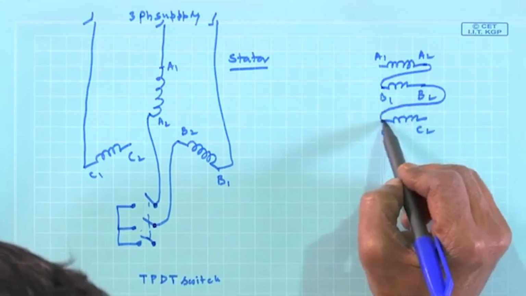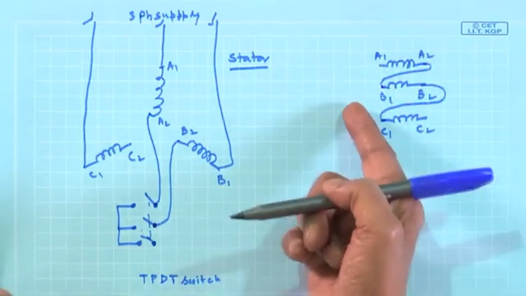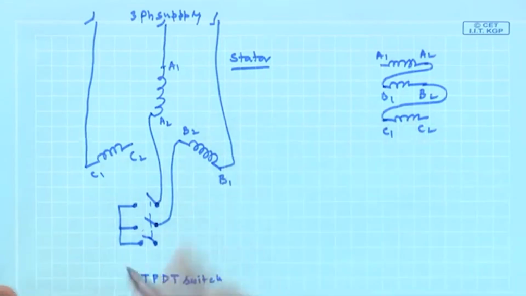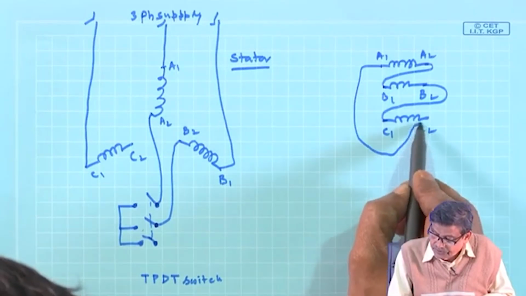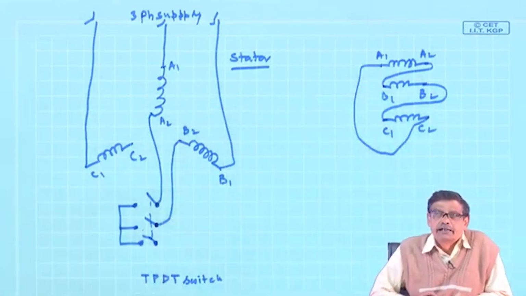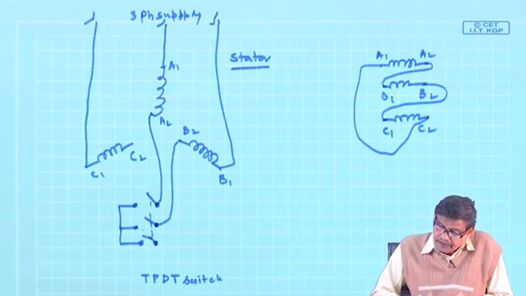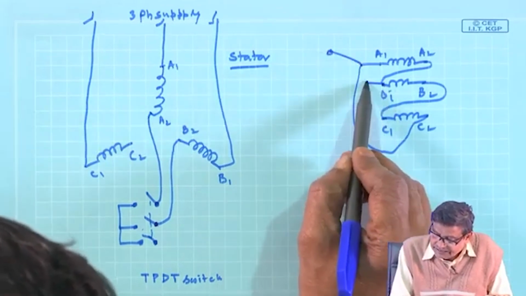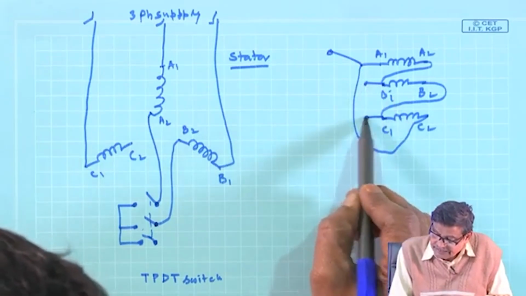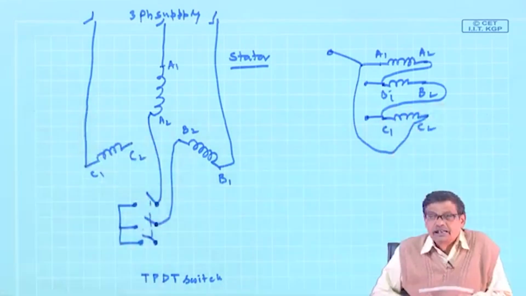While connecting them in series you should be careful: finish of A phase to start of B1 and so on, and these also are closed. Then it becomes delta connection, and from the junctions you take these 3 terminals. So it becomes delta connected.